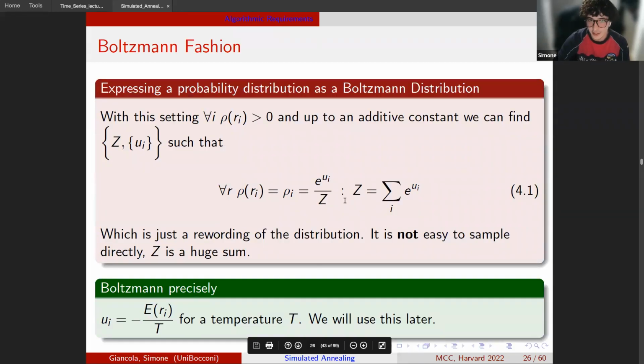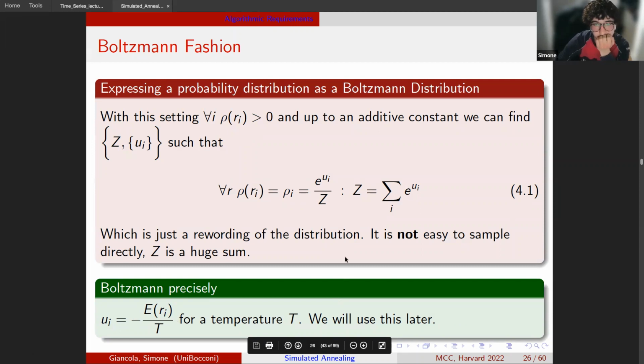In a Boltzmann fashion, we can just say that given a feature, we can express the probability distribution of the routes with this formula, which resembles Boltzmann's formula, where the weight is e to the minus the distance over T, where T is a constant temperature.